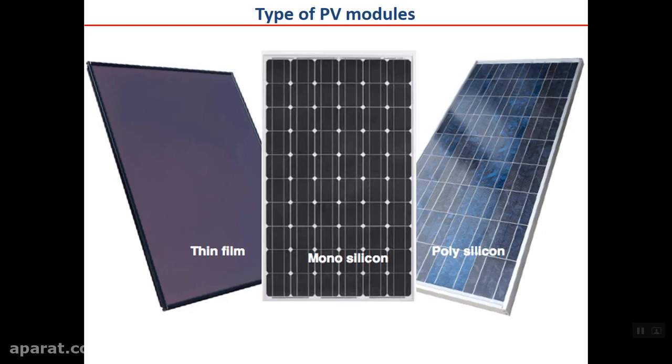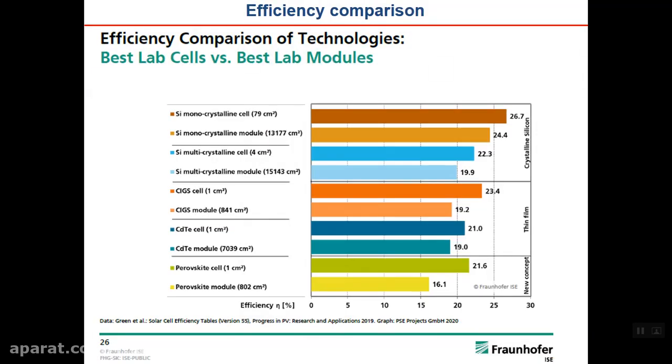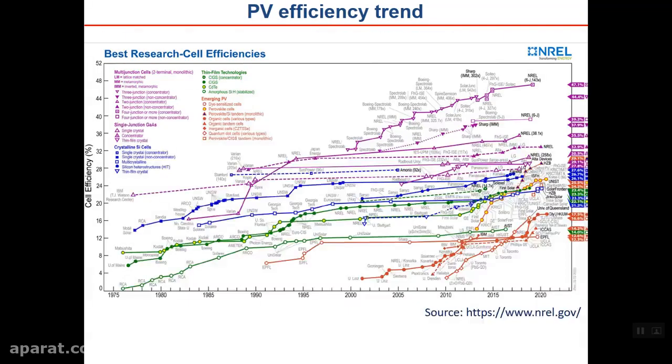You can see here all three types, and we discussed how to distinguish between them whenever you saw one of them. We discussed the efficiency, the meaning of cell efficiency and its comparison with module efficiency, and compared the efficiency of crystalline silicon cells, either poly or mono, with the thin films and with the new concepts.